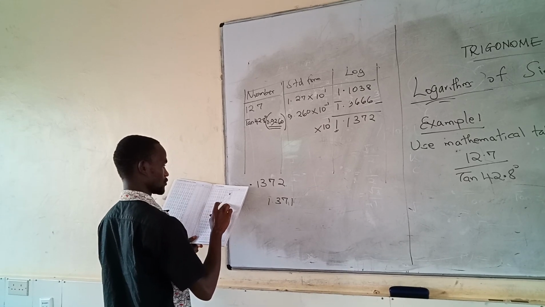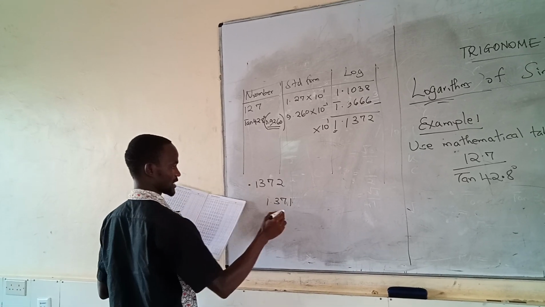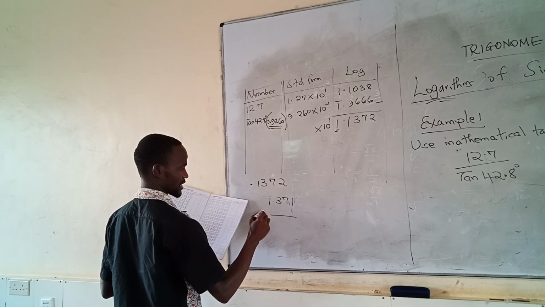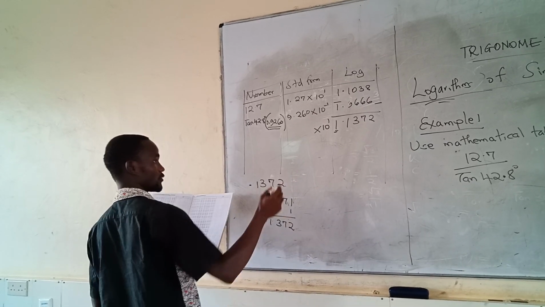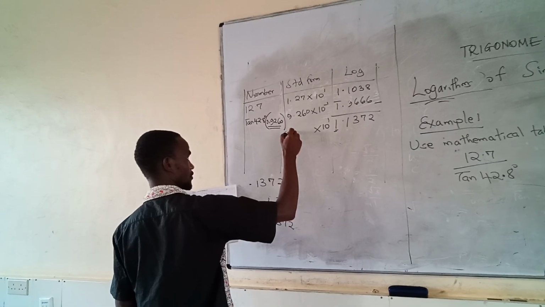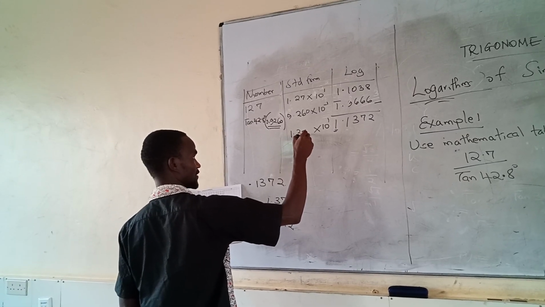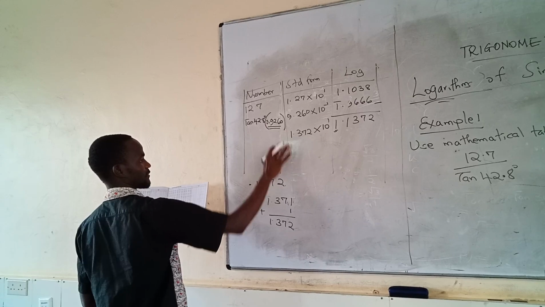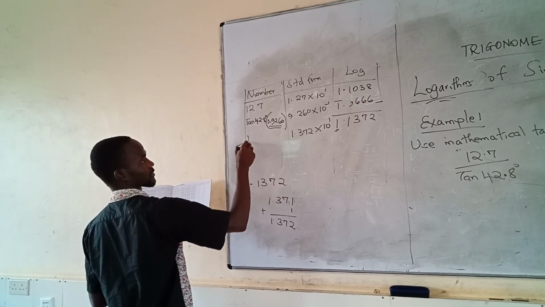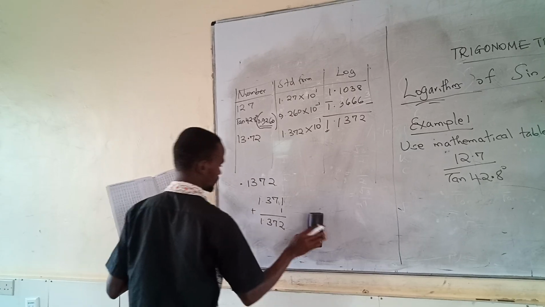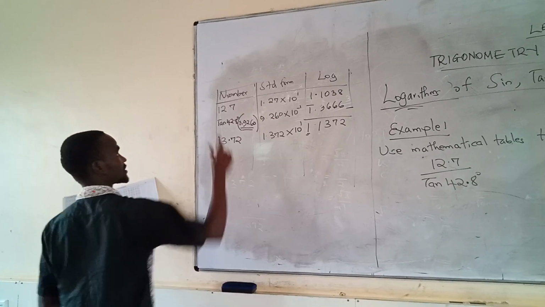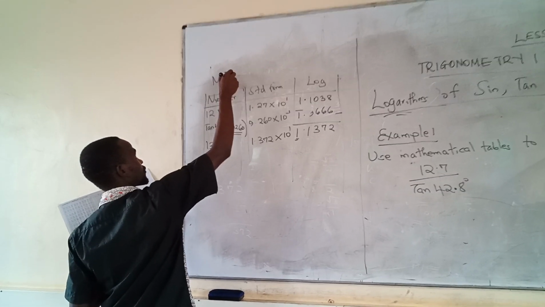Then we go to 2, that is we add 1. So we have 1.372. Then our final answer will be 13.72.